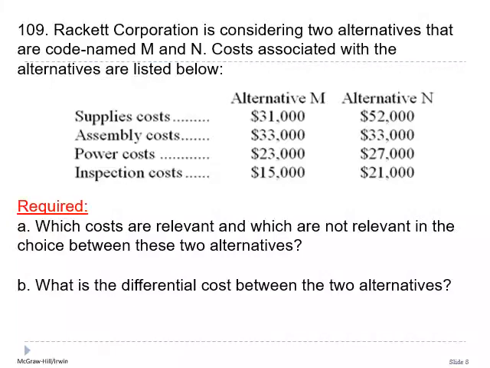So the requirement is which costs are relevant and which are not relevant in the choice between these two alternatives. So the requirement A, he wants you to determine which costs are relevant and which costs are not relevant.